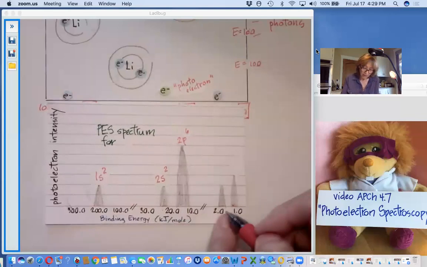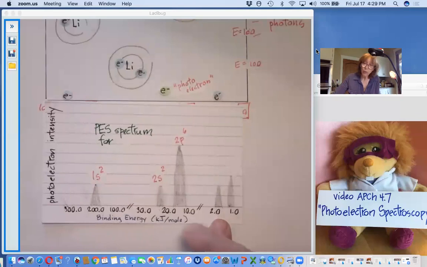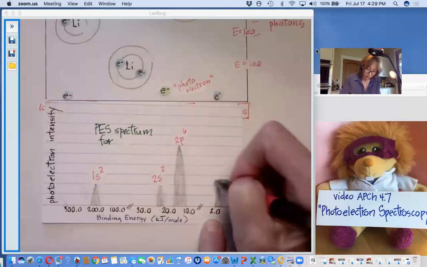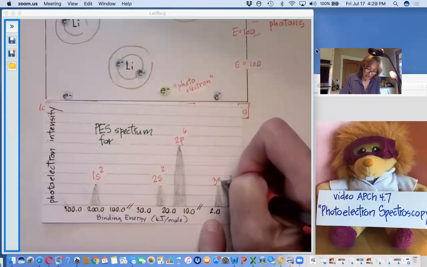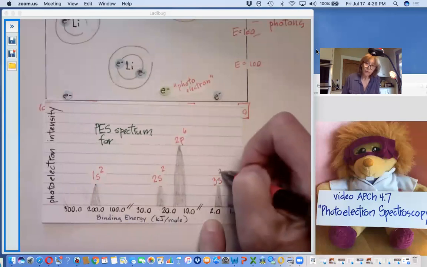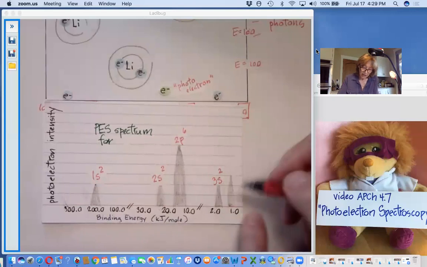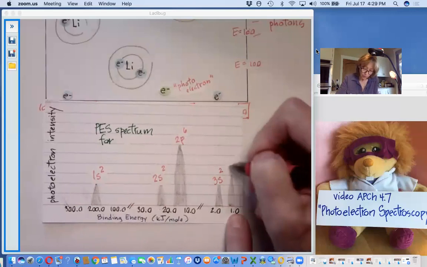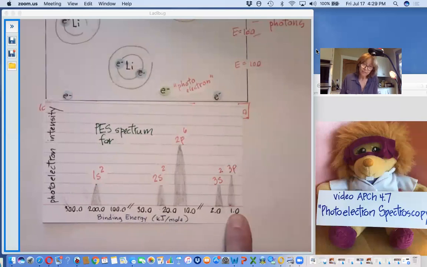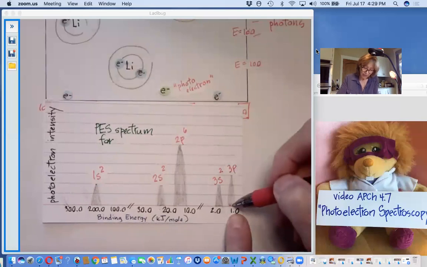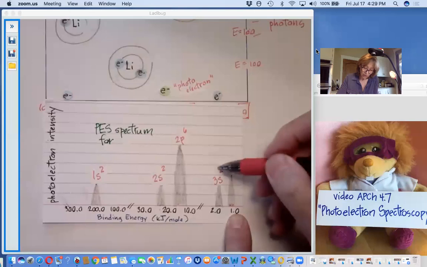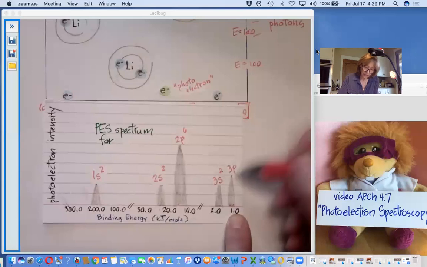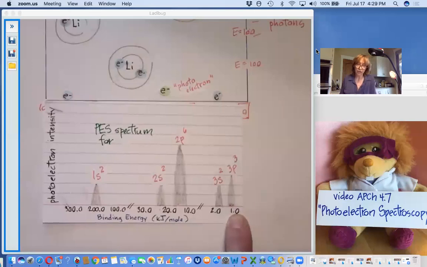Then we have some other electrons held with even weaker binding energy. This would be 3s2. And lastly, our weakest held electrons for this element would be in 3p. And the intensity of that peak is not 2, but 1, 2, 3. This is 3p3.